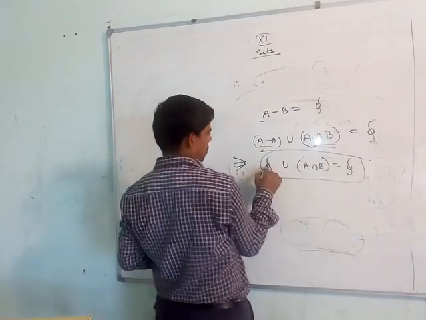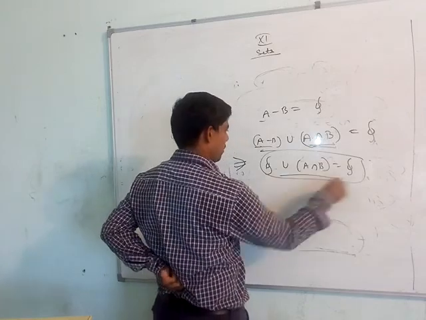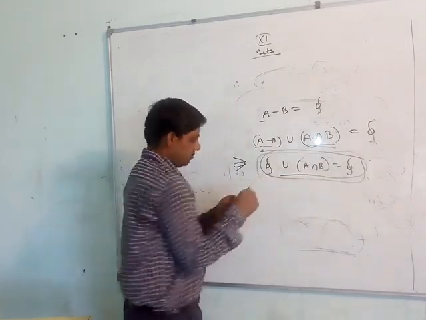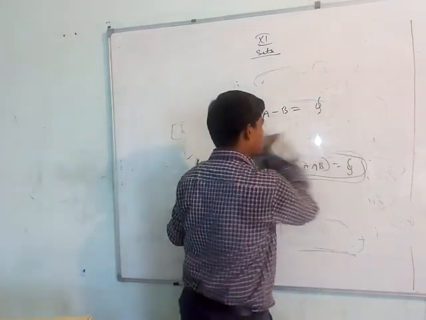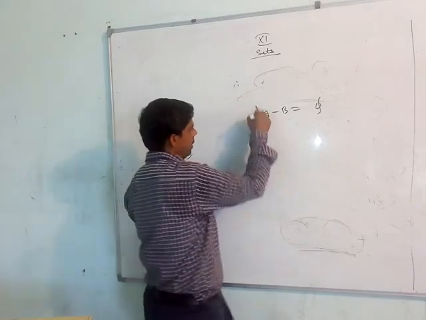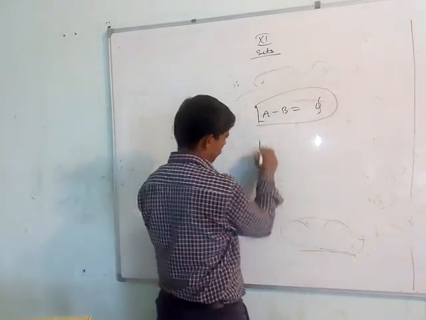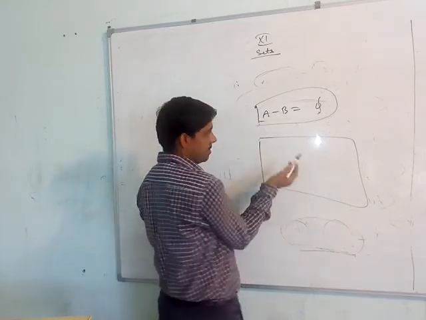That is a true statement? Empty set union A: is it true or false? Look at this very carefully. This statement is false, so just erase this one. Let us try some other method. A minus B is the empty set. Okay, so that means that all the x is in A.